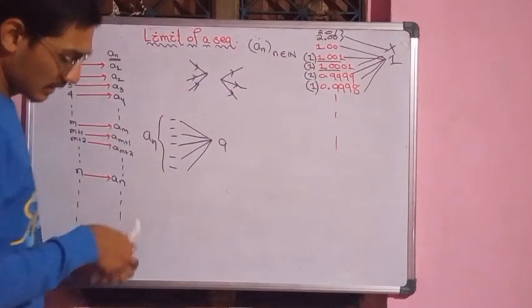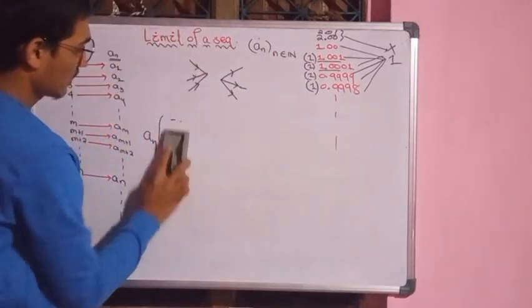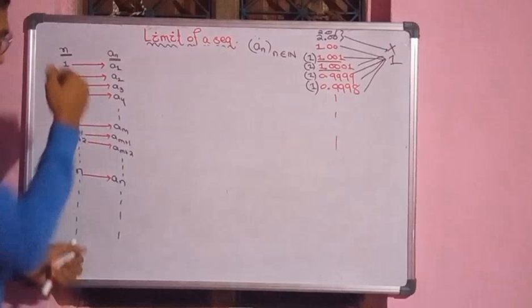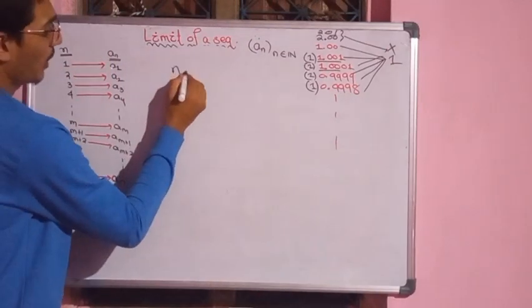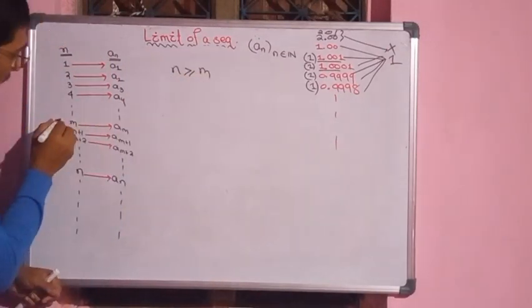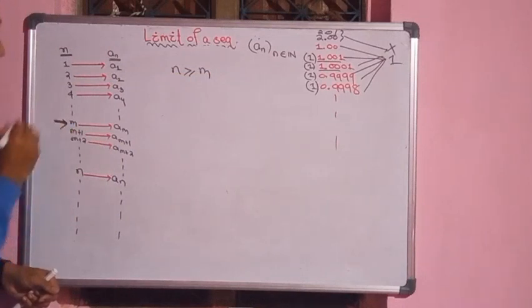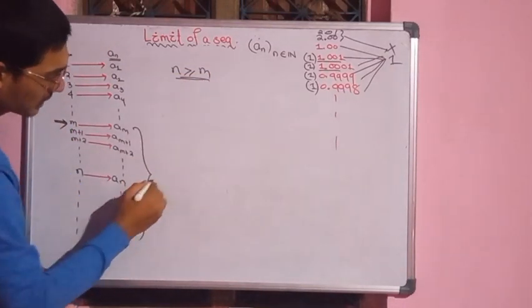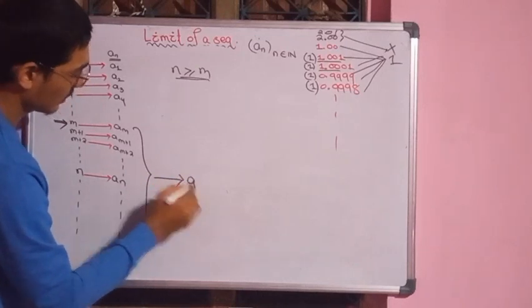So let's say when my n is greater than or equal to m, what is m? Here I marked this as my m. So when my n is greater than or equal to m, all the terms of the sequence are converging towards a.